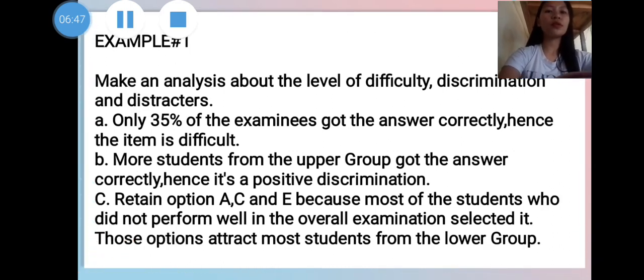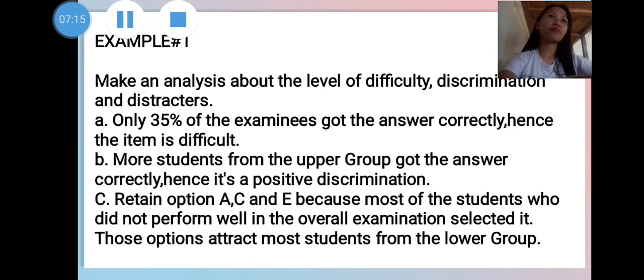So in example number 1, make an analysis about the level of difficulty, discrimination, and distractors. So letter A, only 35% of the examinees got the answer correctly, hence the item is difficult. Okay, so in letter B, more students from the upper group got the answer correctly, hence it's a positive discrimination.